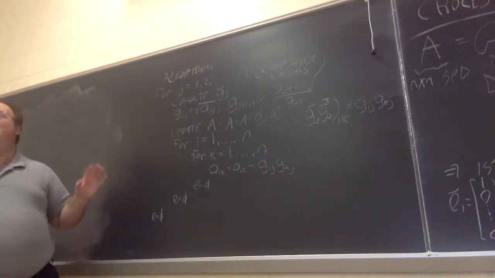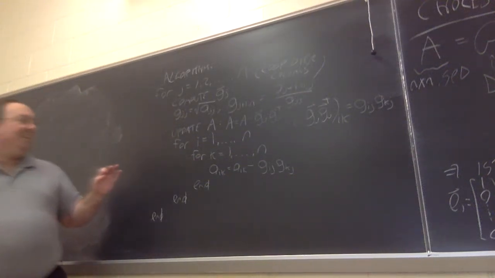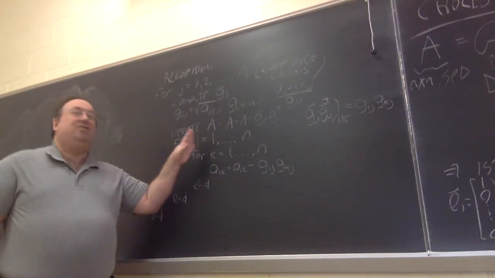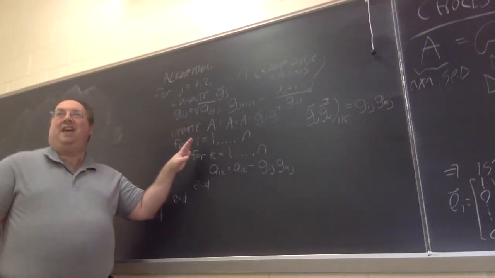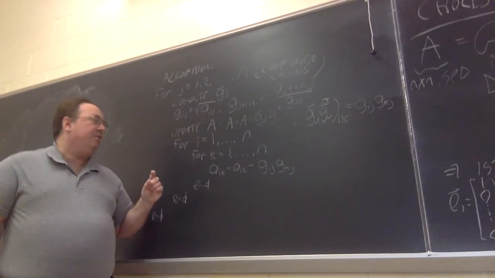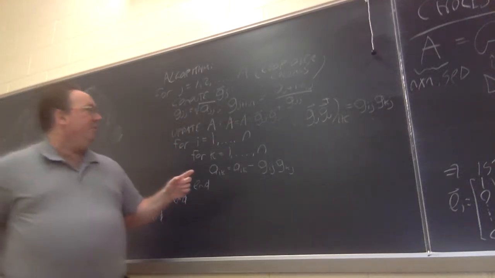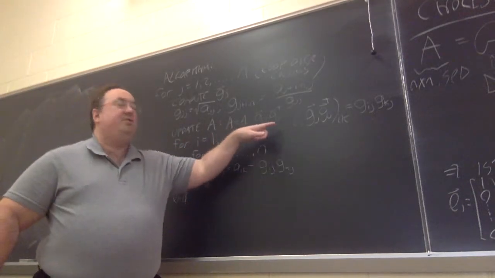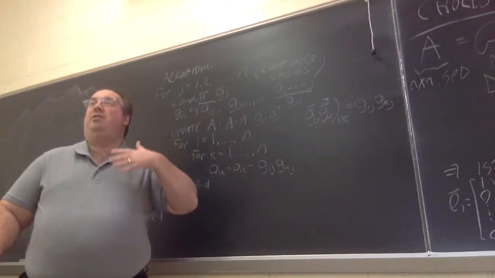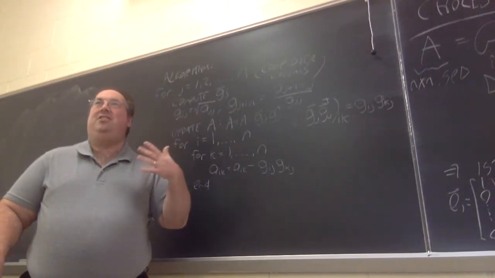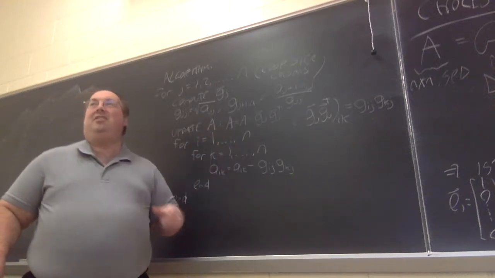Might not want to write that, or if you did, hopefully in pencil. This is correct mathematically and incredibly wasteful because, as I mentioned earlier, certain rows and columns of this outer product, Gj Gj transpose, are zero. We're subtracting a zillion zeros from A. So let's not do that.